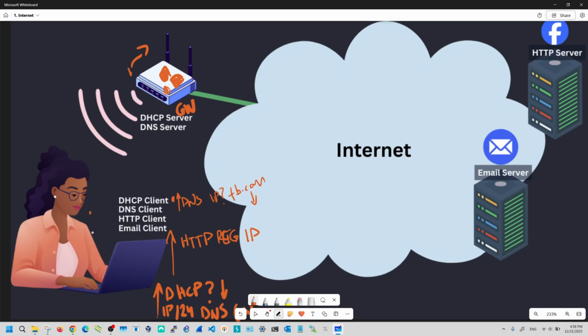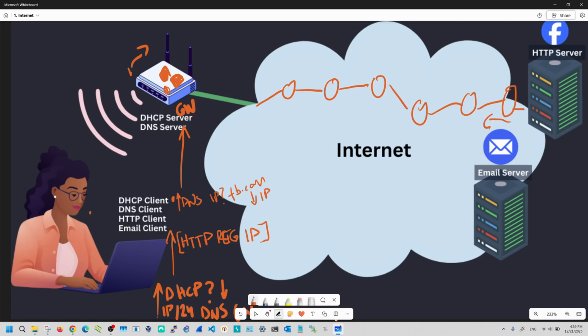When she receives the IP address back, she will be able to fire off this HTTP request to her default gateway. Her home router will forward this packet, and the packet will travel across many internet service providers to reach Facebook's server. Facebook's server will send an HTTP reply. The reply would take the same path back, and the web page will eventually load on her device.